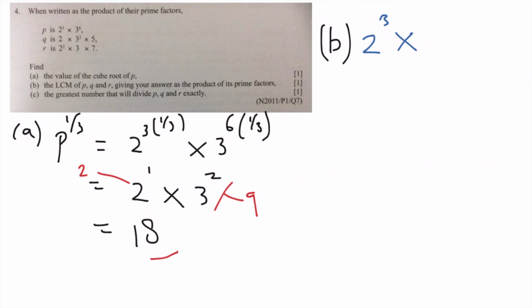In the second column we look at 3 to the power of 6, 3 to the power of 2, and 3 to the power of 1. So what do you put inside the LCM? 3 to the power of 6, right?